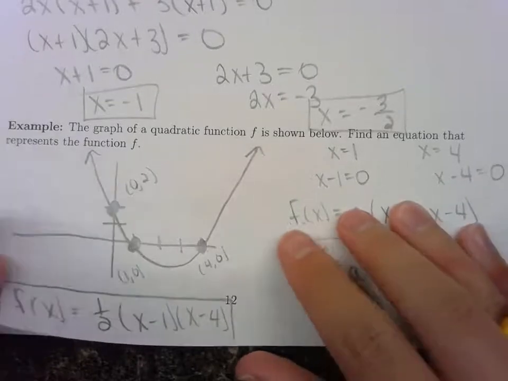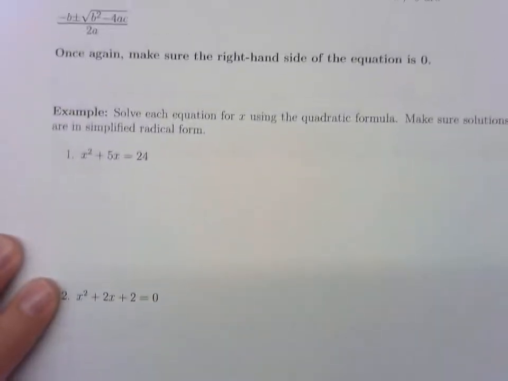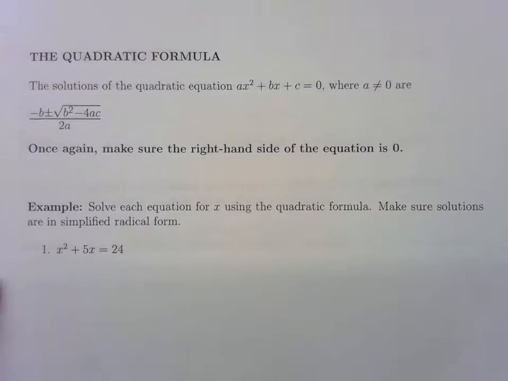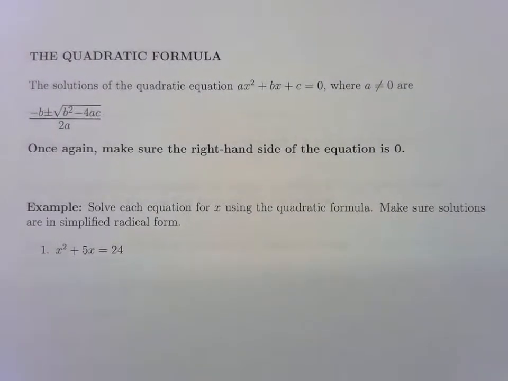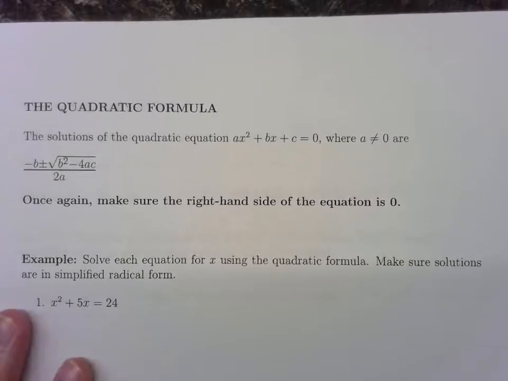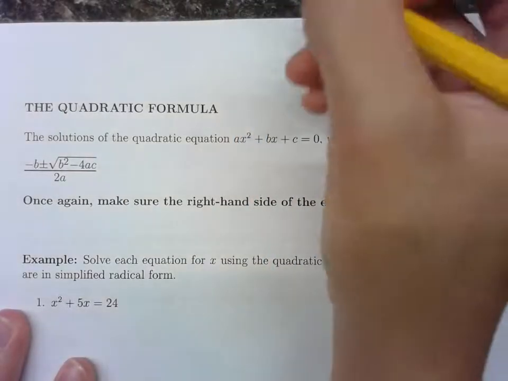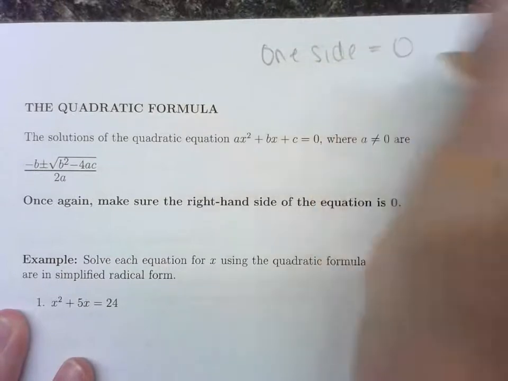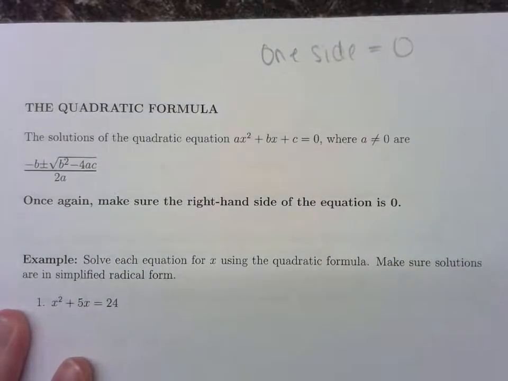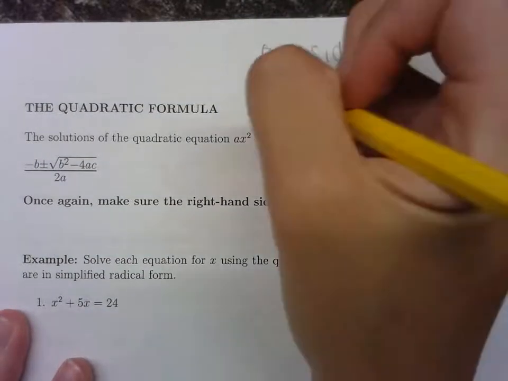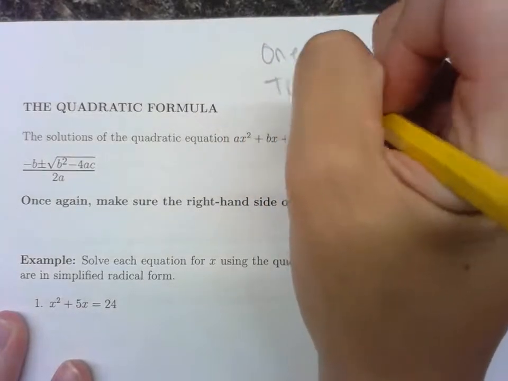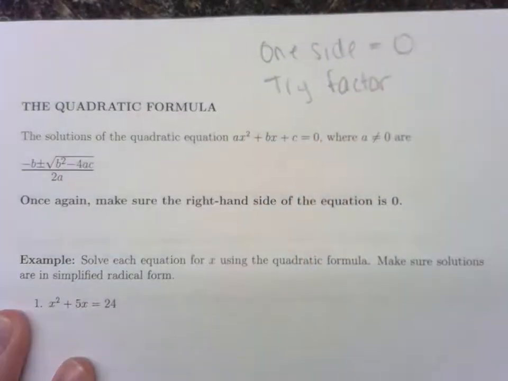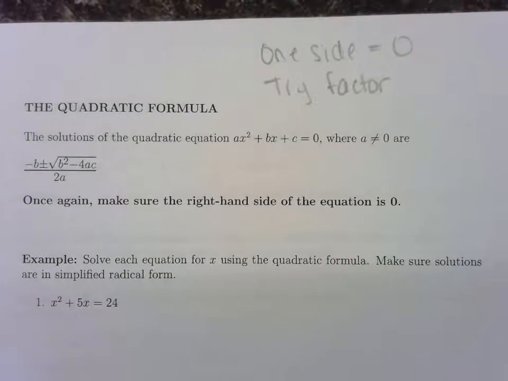Okay, and then we have one more thing to learn for solving quadratic equations, and that is the quadratic formula. When you have a quadratic equation, the first thing you have to do is make one side equal to 0. Then you try to factor, just because it's easier. If you hate factoring, you can always use the quadratic formula.